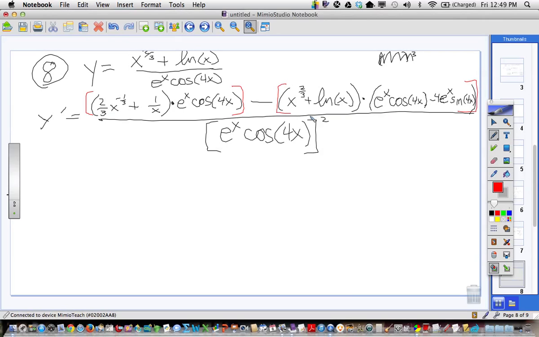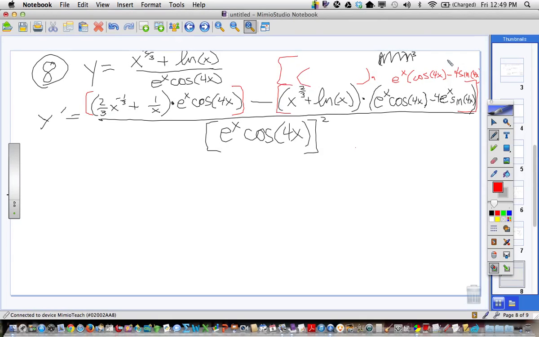So now B is a factor of that, and B is a factor of that. And then I can pull out that B. So that's what's going on there. So up here I could take out an e to the x and have cosine 4x minus 4 sine 4x. And then times this stuff here.